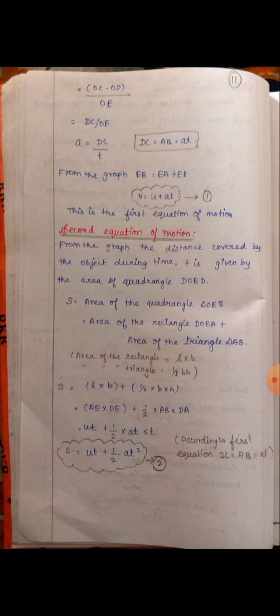Next is the second equation of motion. From the graph, the distance covered by the object during time T is given by the area of the quadrangle DOEB.